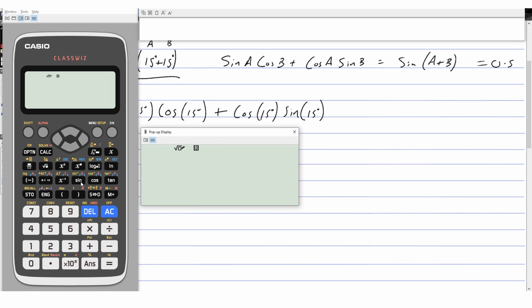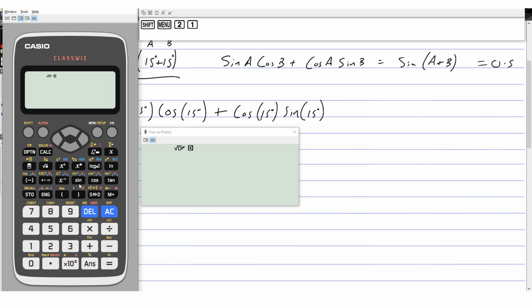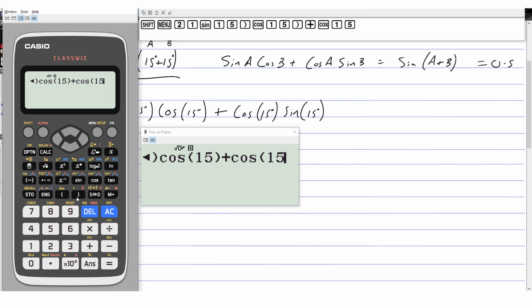If you notice my calculator's in radians mode, so I need to change it to degrees mode, otherwise I won't get the right answer. So now I could do sine 15 times cosine 15, and if you put cosine next to the bracket it knows it's multiplication because they're next to each other, plus the cosine of A times the sine of B, and that should equal a half. And this is what I've written in the calculator.